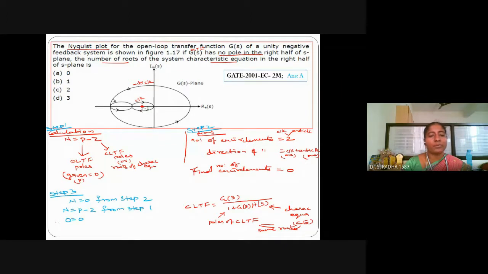N value 0 from the diagram, P value 0 given in the question. Now we have to find the Z value. So Z value 0 is the final answer. Option A is the correct answer.